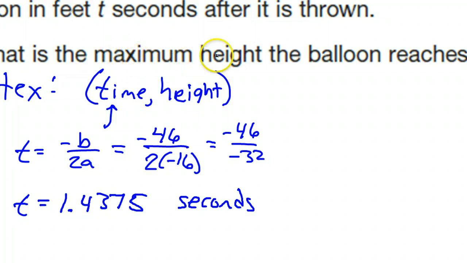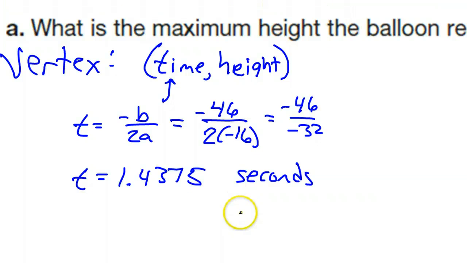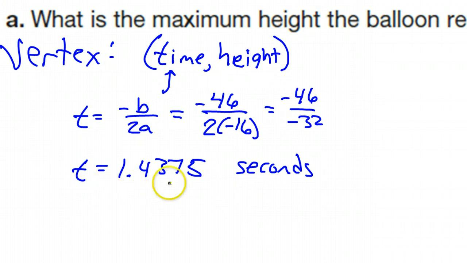But they're not asking us for the time. They're asking us for the maximum height the balloon reaches. So we've got the time, and now we need to find the height that goes with it. The way we'll find that is we will use the table feature of the calculator.